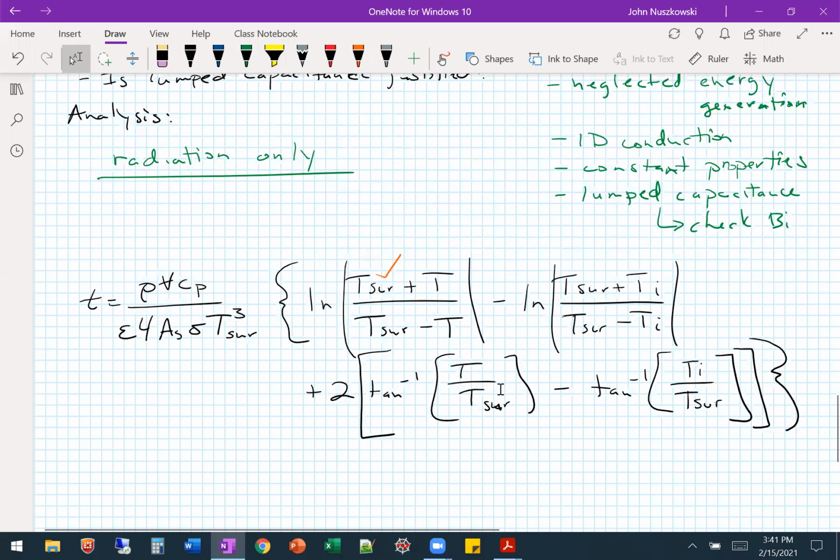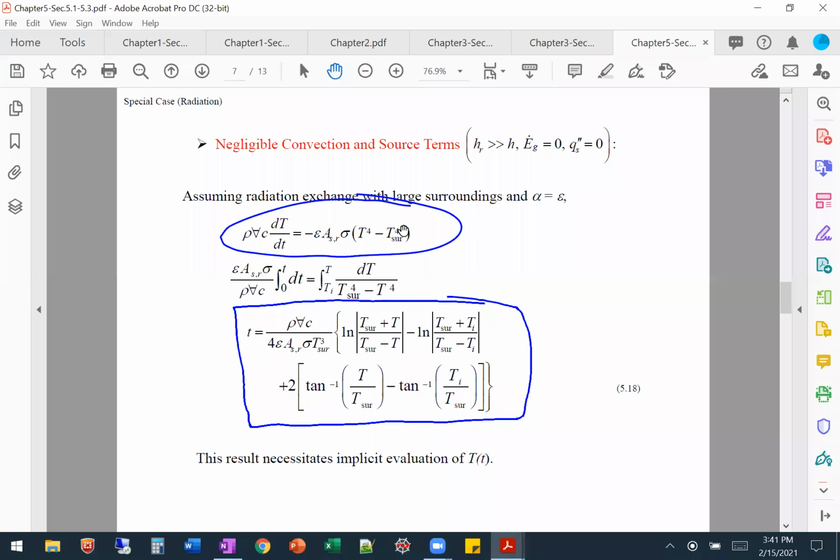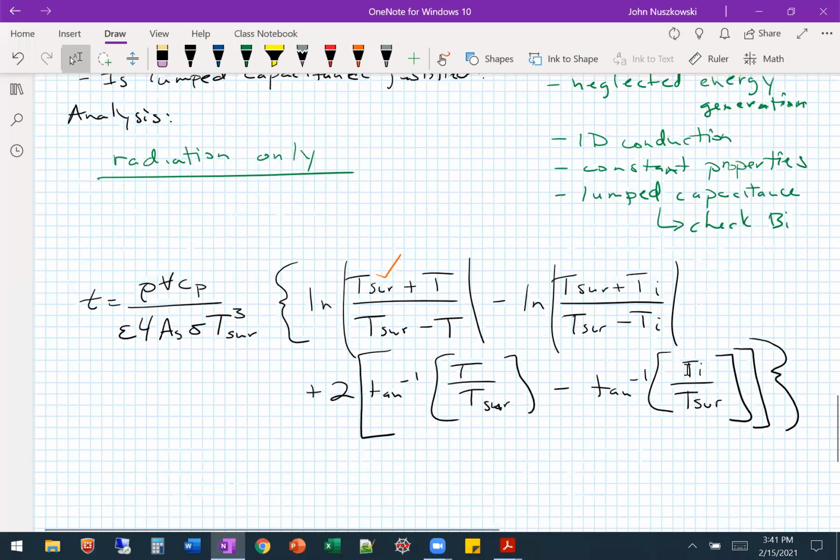Radiation has that temperature to the fourth, so it always has to be in Kelvin. And you see it here with the division of T initial over T surroundings, and T over T surroundings, and the surroundings temperature cubed right here.